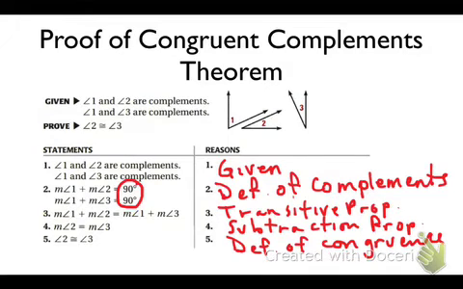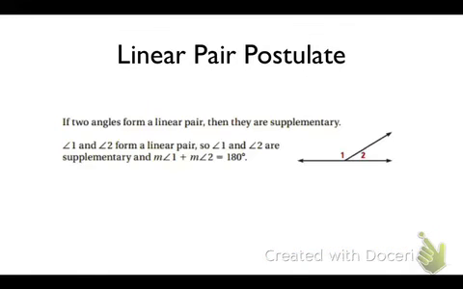Alright, did you get the same thing that I got? The transitive property, the subtraction property, and the definition of congruence? I hope so, because that's very similar to the proof that we just did on congruent supplements. Alright, let's take a break from these theorems and look at a postulate. Remember, postulates are things that we accept without proof.